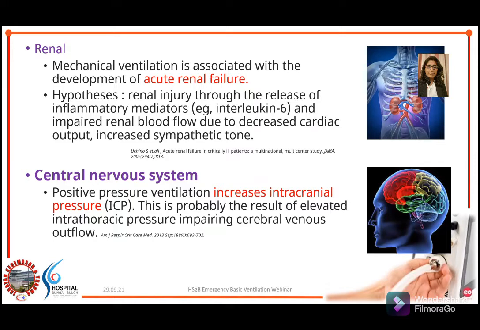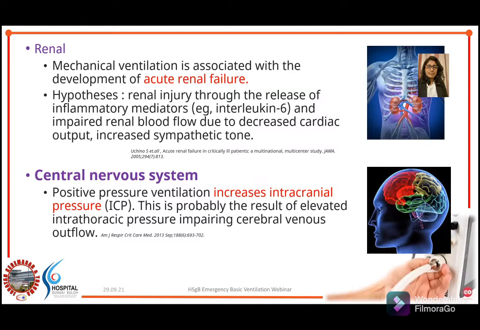In a study done in 2005, they have noted that the renal injury occurs through the release of inflammatory mediators such as interleukin-6. And another postulated theory was that due to the reduction in the cardiac output, there will be reduced renal blood flow, and this leads to acute renal failure.